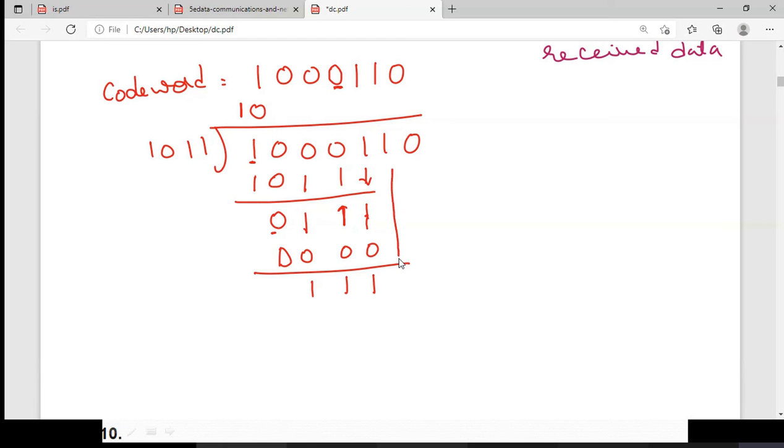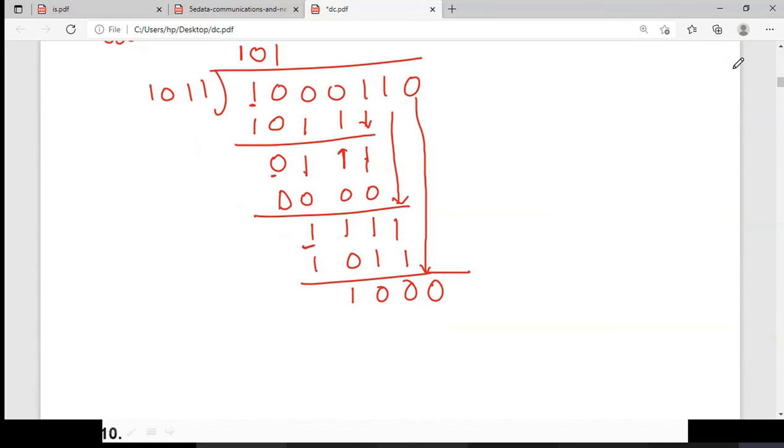Take one more bit down. What is the leftmost bit? It is 1. Write 1 in the quotient, 1 into the divisor: 1 0 1 1. So XOR gives 0 0 1. Take this 0. So it is normal division, but applied to binary numbers.